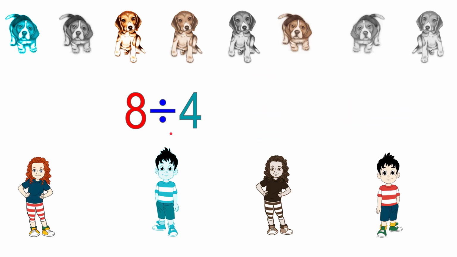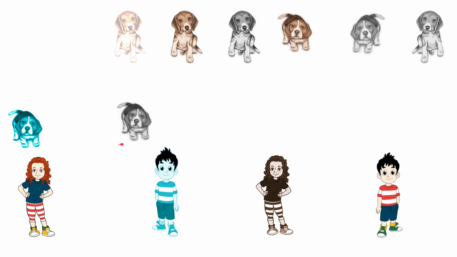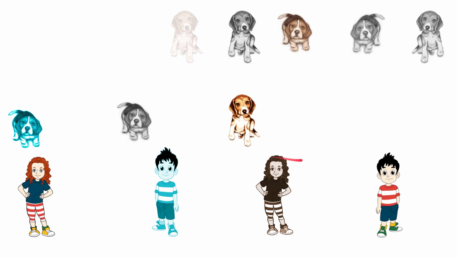So we need to find out how much is 8 divided by 4. How many puppies will each kid get? So let's take the first puppy and bring it here, and then the second one here, and the third one here, and the fourth one here. So right now we have an even distribution.